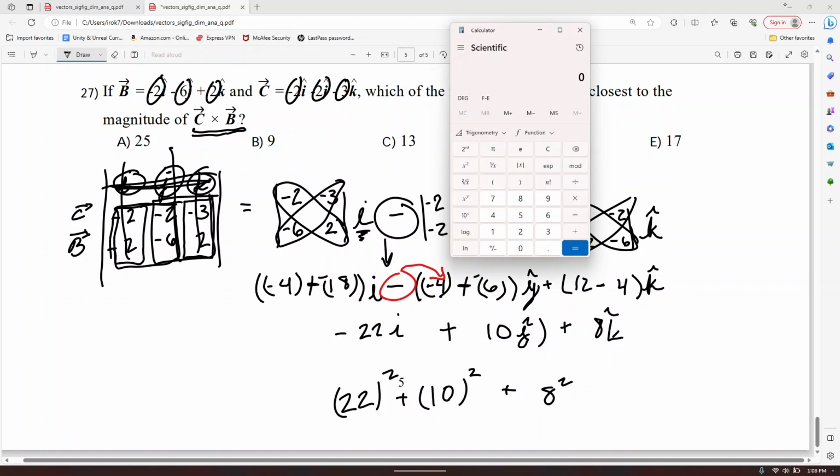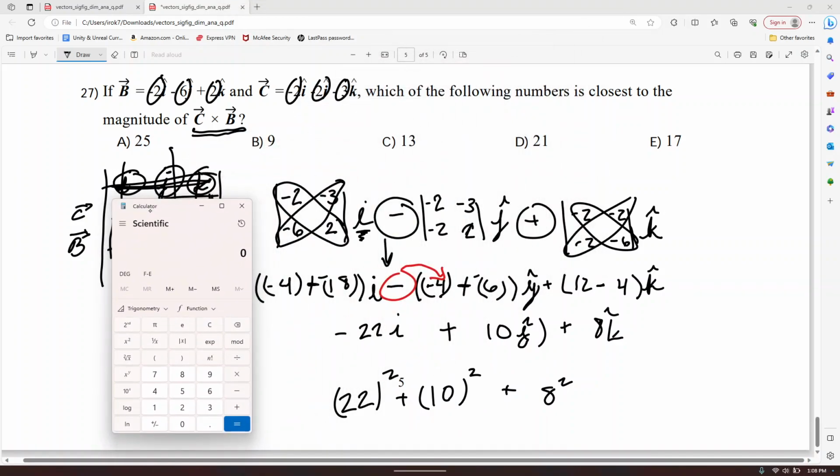So we have 22 times 22, which gives us 484. 10 squared is 100. And 8 squared is just 64. Now, when you take the square root of our answer, we get 25.4558, etc. Now, this can best be rounded to 25.